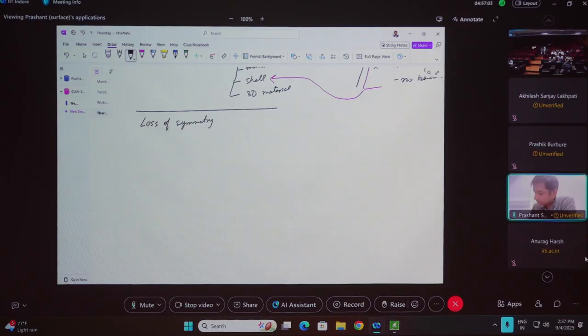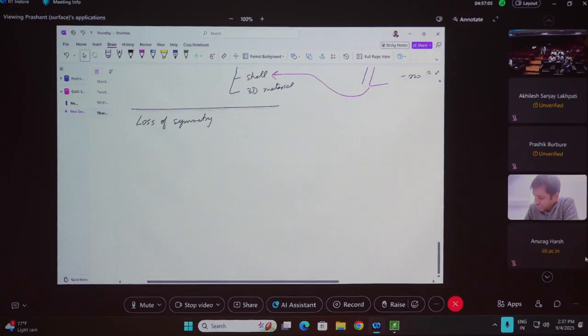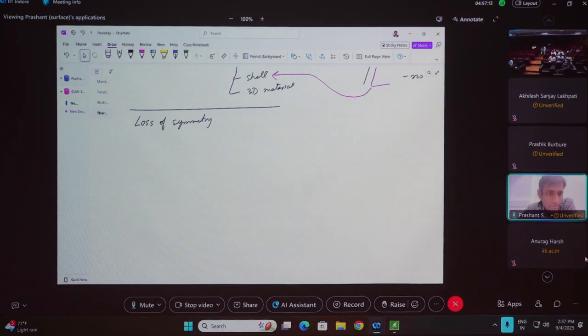What happens here, you can probably observe yourself. If you go to a bicycle shop and do this experiment, it's easy to see.